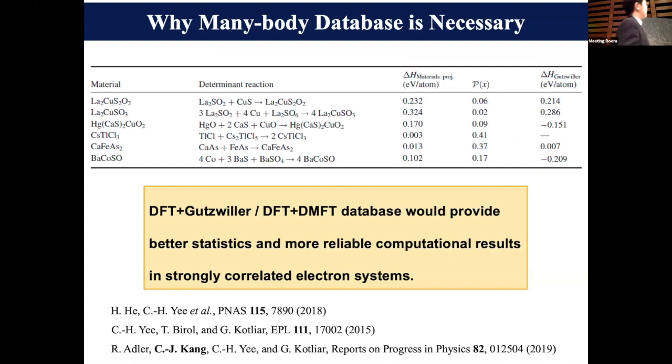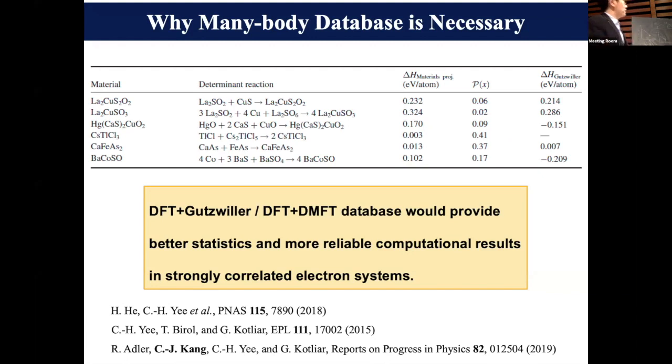We checked the Gutzwiller formation energy for some other correlated materials. The first two materials are lanthanum copper sulfur oxide compounds. Again, in the previous talk, Megan mentioned that these two materials are not stable and decompose into other substances. Both DFT and Gutzwiller describe the unstable phase, which is consistent with the experiment. The third material is a new mercury-based cuprate superconductor, which is not reported in the ICSD database.